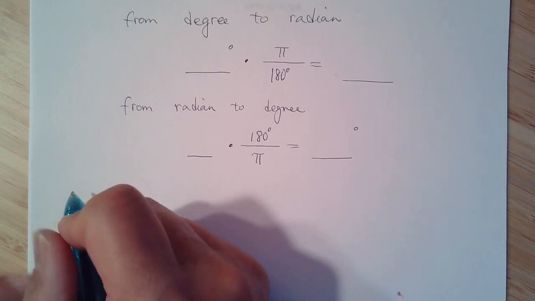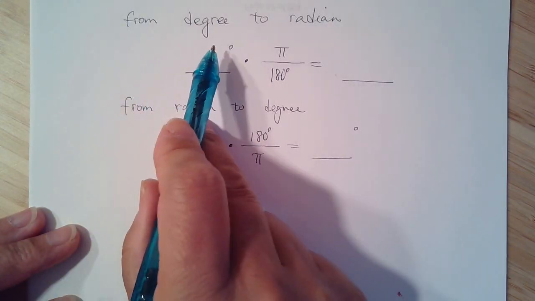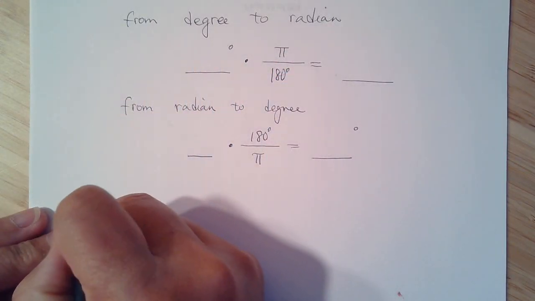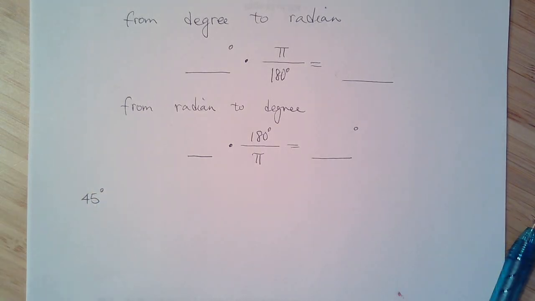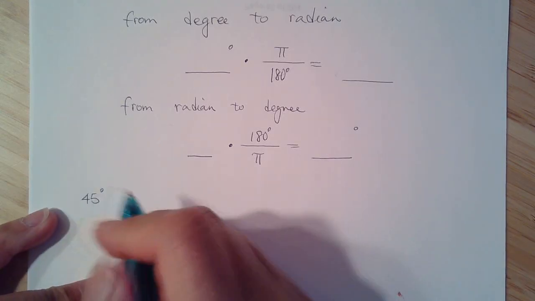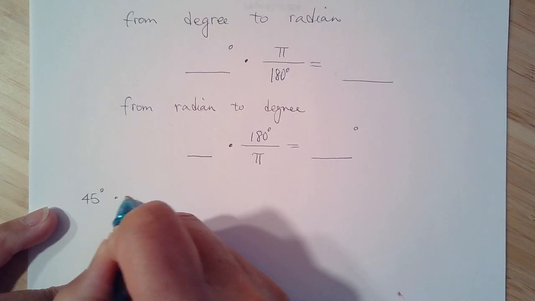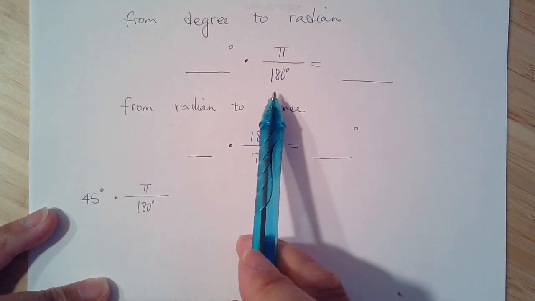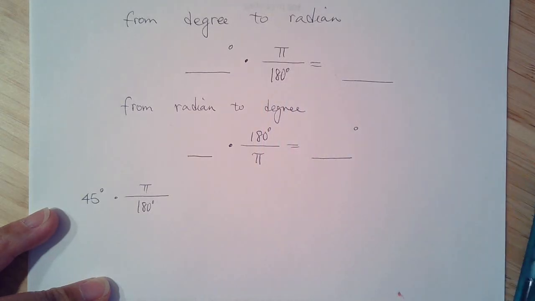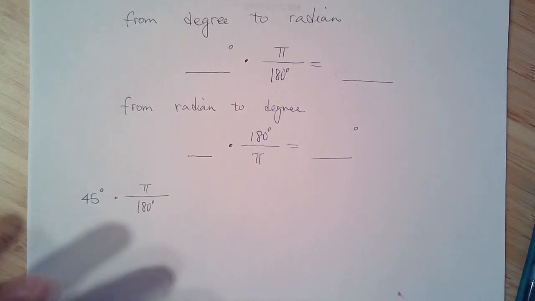So let's do some exercises. Let's do the first. Convert from degree to radian. 45 degree. Can you convert 45 degree to radian? What I need to do is multiply by pi over 180 degree. See? Told you this formula, right? I use red mark.